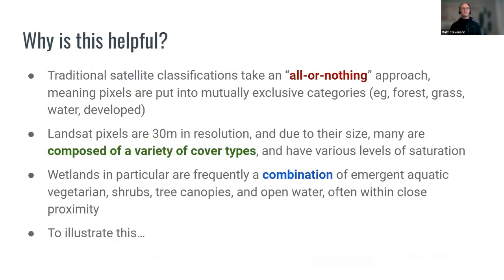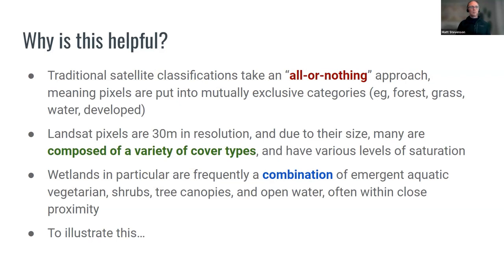So the reason this is helpful is because typically, again, as Meghan was referring to, a thing is either a wetland or it's not a wetland. It's sort of a binary characterization. It's an all or nothing approach. And this usually during the land cover classification happens at a per pixel level. The thing is, Landsat has a 30-meter resolution.